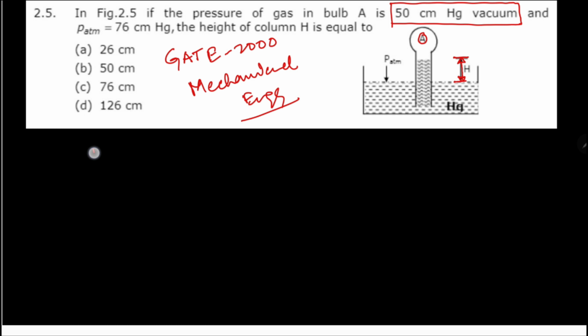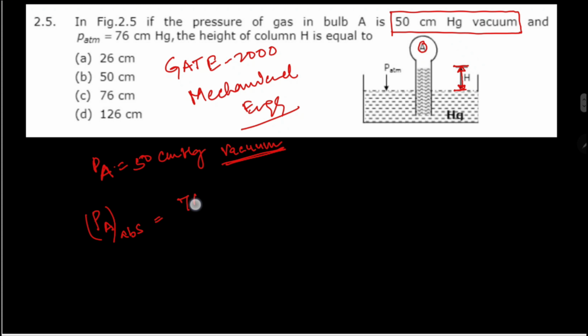It says that PA is equal to 50 centimeter Hg vacuum. This term is very significant. If PA is equal to 50 centimeter Hg vacuum, then the pressure at A in the absolute term will be 76 minus 50, which is equal to 26 centimeter Hg. So pressure at point A in terms of the absolute pressure will be 26 centimeter of Hg.